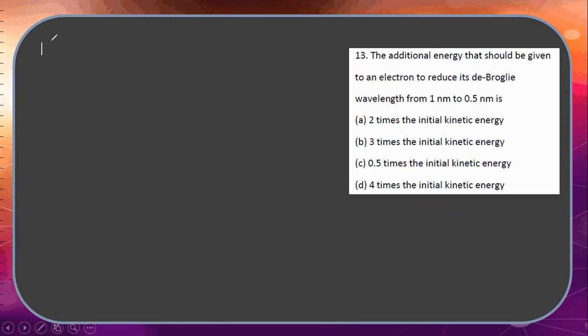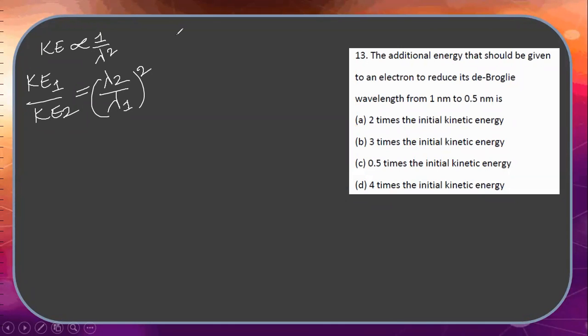Kinetic energy is inversely proportional to the square of the wavelength. Then KE1 by KE2 is equal to lambda 2 divided by lambda 1, whole square. Therefore, KE1 by KE2.